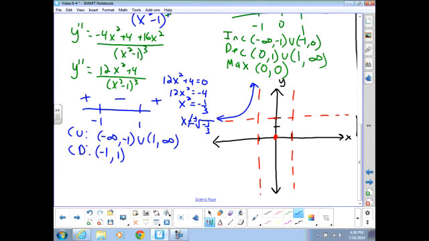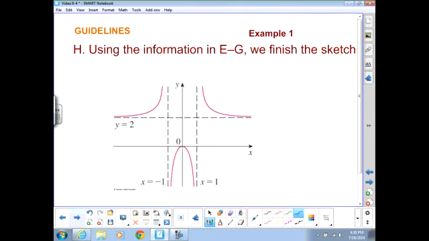Next section we need to be concave down, and at that point there it needs to be a max, so it must look like this. And then we go back to concave up again, so it must look like that. And that is the sketch of our function. And there's just a nice version of the same thing that we just found, and notice it's very similar.